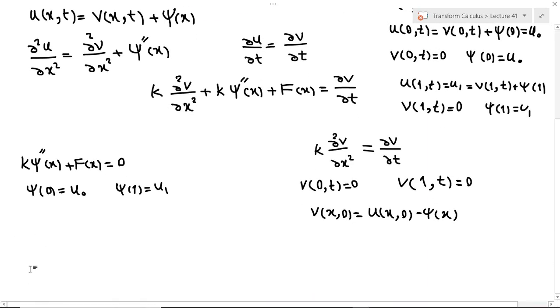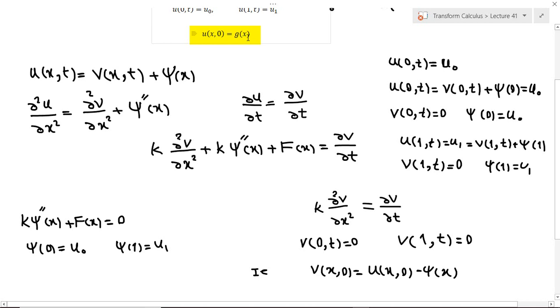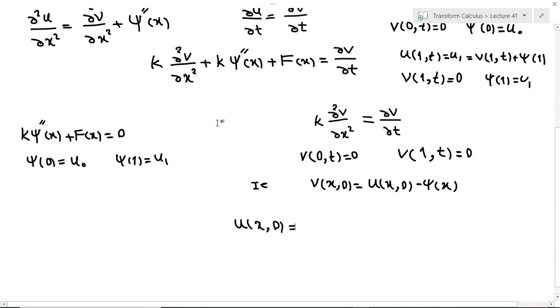Now we have to solve one example to see how we can find psi x. But the only thing that I have to explain is this initial condition, how we ended up with it. We know that u of x and 0 is given in the problem, so it's equal to g x. And we assume u of x and 0 is the summation of v of x and 0 plus psi x.